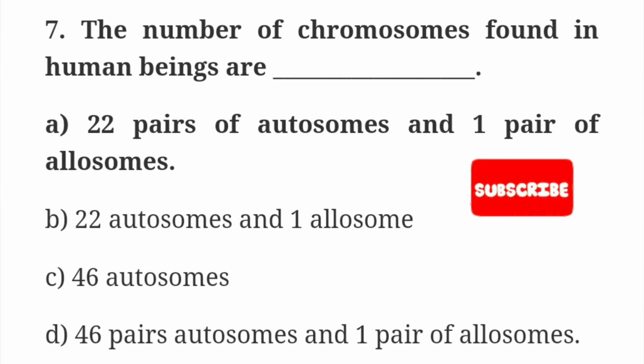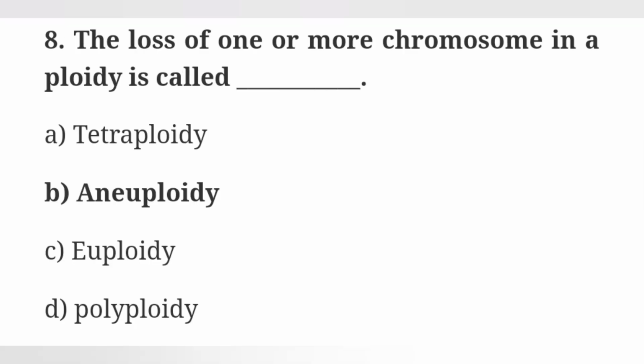Seventh one, the number of chromosomes found in human beings are dash, option A answer, 22 pairs of autosomes and 1 pair of allosomes.